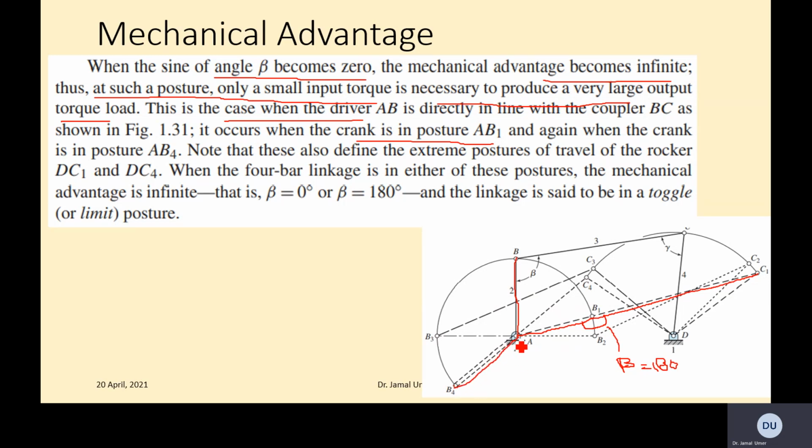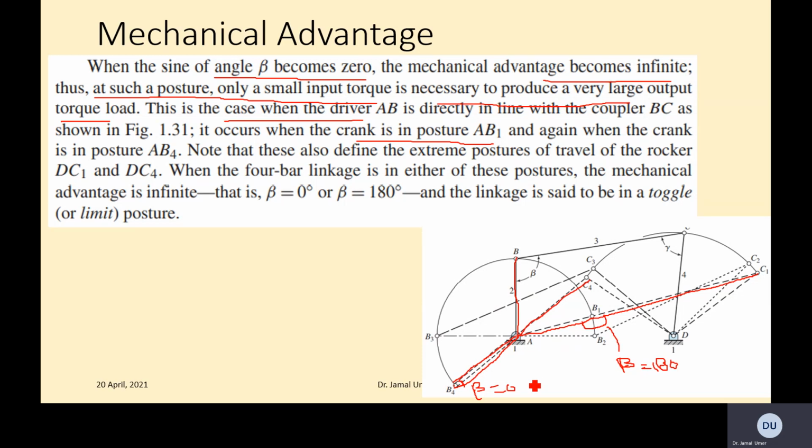Again, you have a coupler. This is the coupler, link three, and AB is the crank. There are two lines here: one line showing the coupler and the other line showing the crank. So you have angle 0, so beta becomes 0 over here.